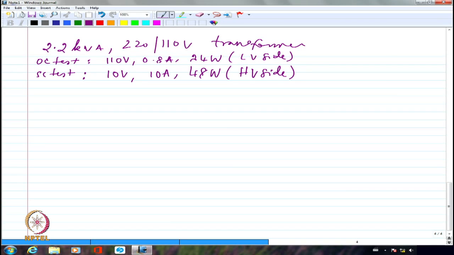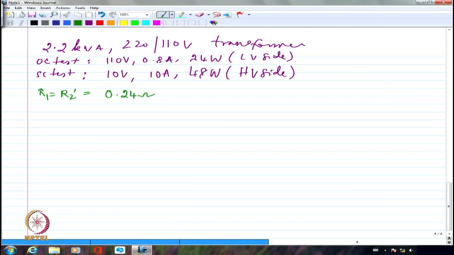So, I think I will not calculate this. You guys will be able to calculate. I will only write the values. R1 and R2 dash, both of them we are getting as 0.24 ohm. This is from the HV side.